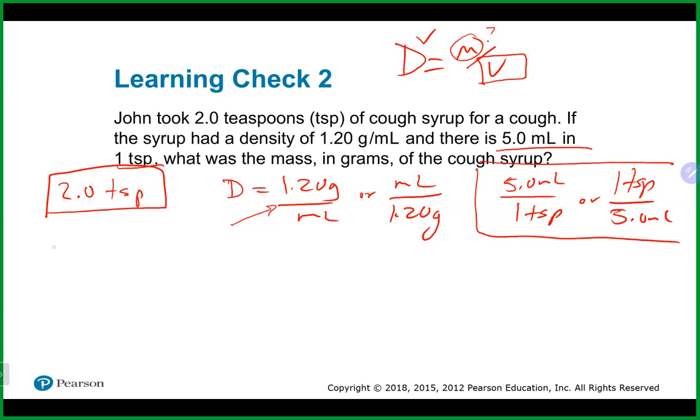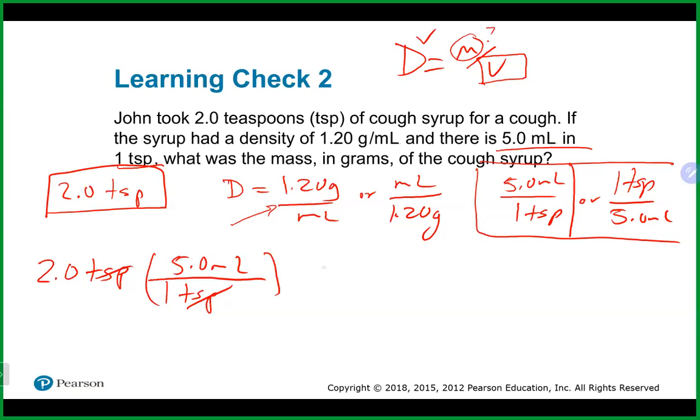We're going to do a normal conversion here, 2 teaspoons. And once again, we go opposite to get rid of teaspoons, which means we use the one on the left: 1 teaspoon is 5 milliliters. Those will cancel. That gives us 10 milliliters, which is the volume that he took.